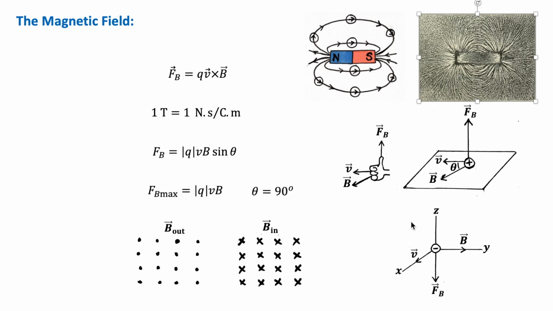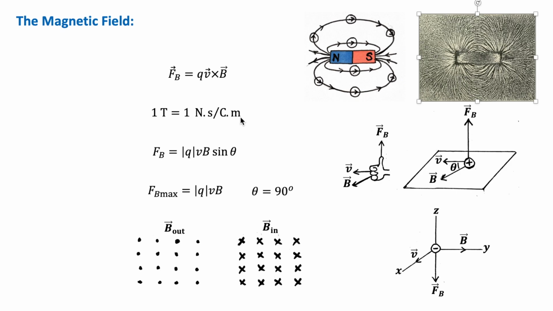The SI unit of the magnetic field is the Tesla, and using this equation, 1 Tesla is equal to 1 Newton times second per Coulomb times meter.